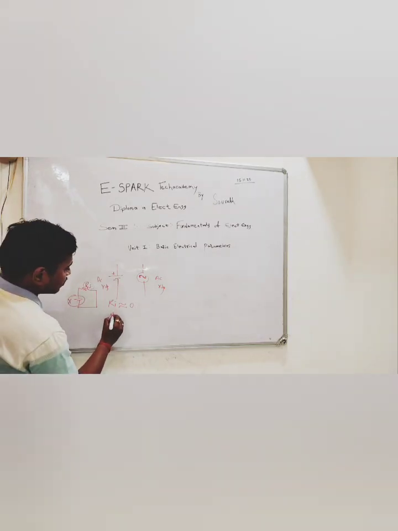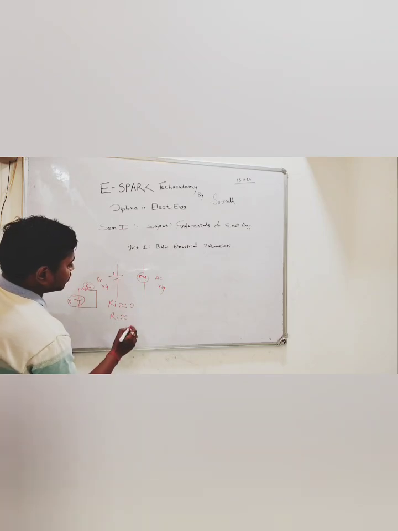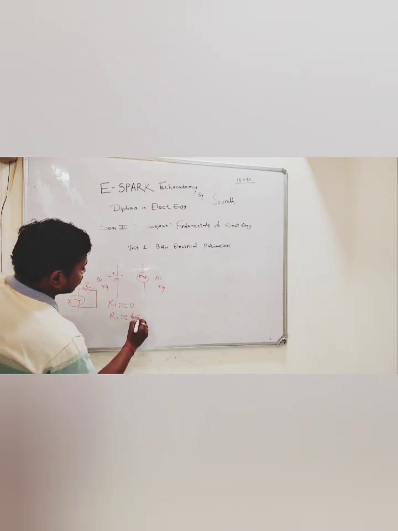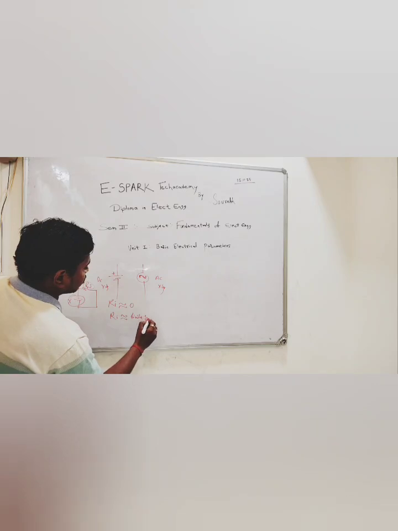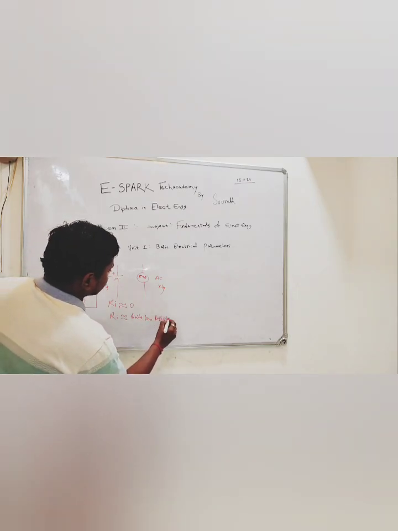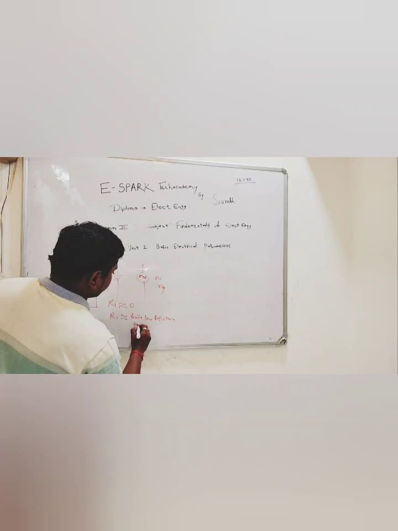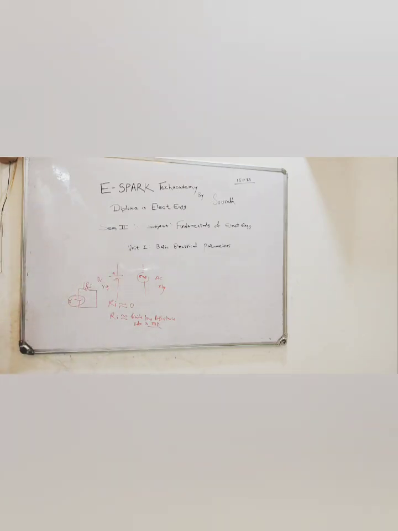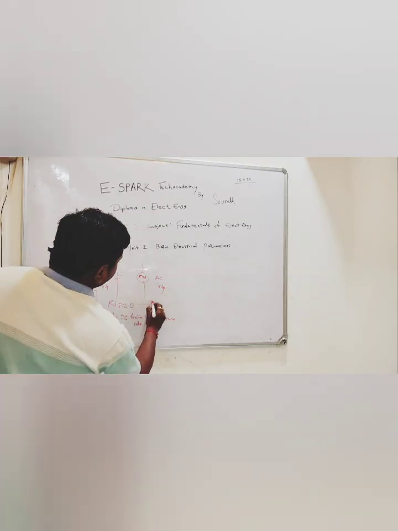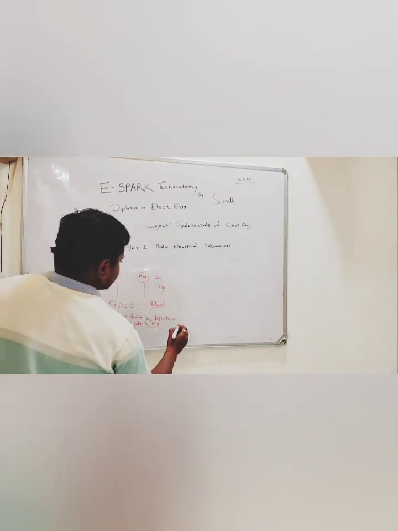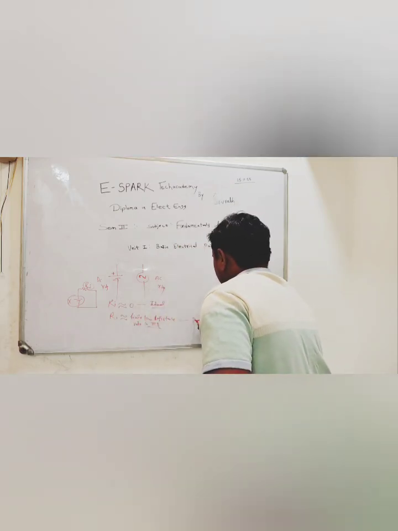But in practice the internal resistance will be some finite low resistance value, in milliohms, and the practical voltage source exists with that. This is the ideal condition and this is the practical condition.